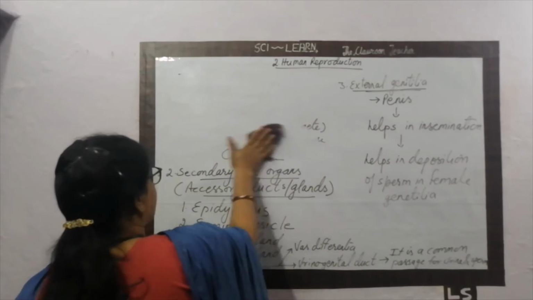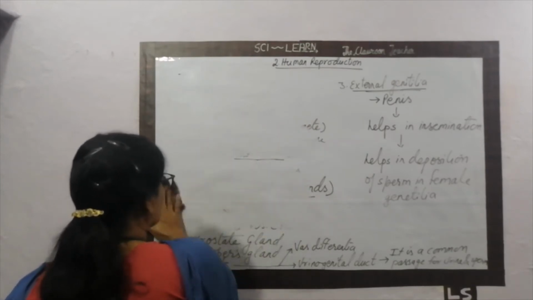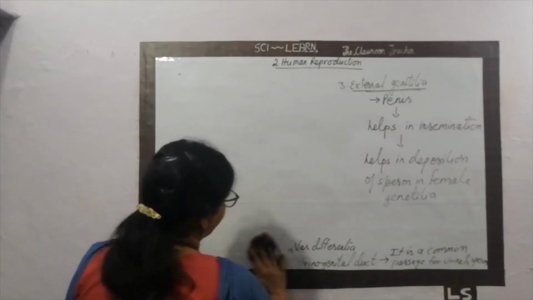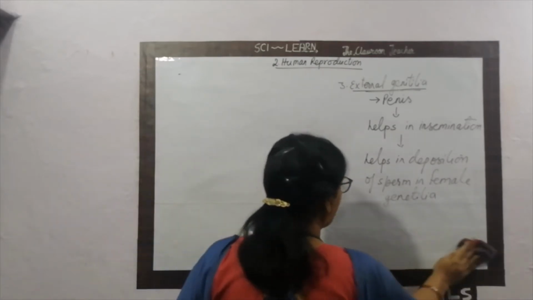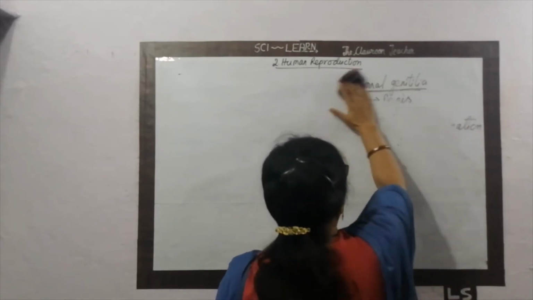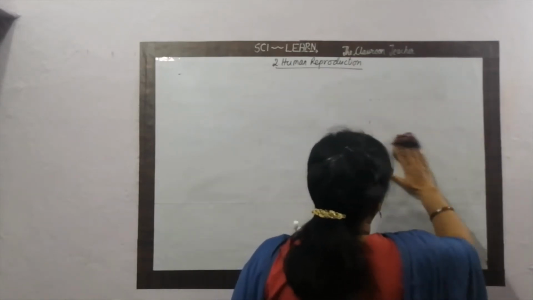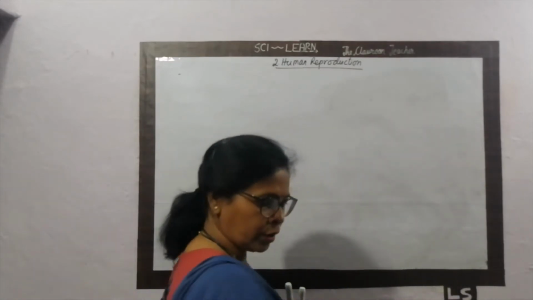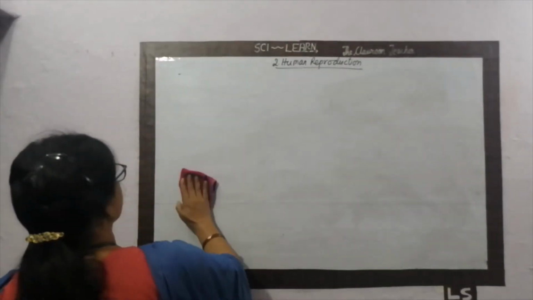It is the primary sex organ. It is a paired structure. Where it is located, we have to study that. What is the structure present inside it? That also we have to study. So first is the primary sex organ, and that is called testis.